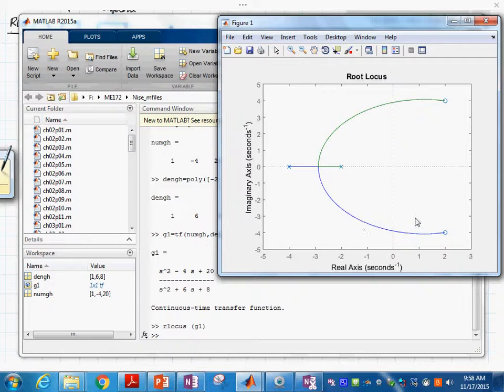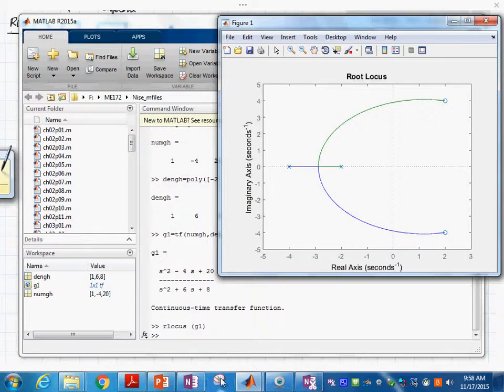I believe that we need to study this in a little bit more detail, more in depth, and use some of the MATLAB tools to be able to study this. Perhaps just to remind you, this is the imaginary axis, this is the real axis.